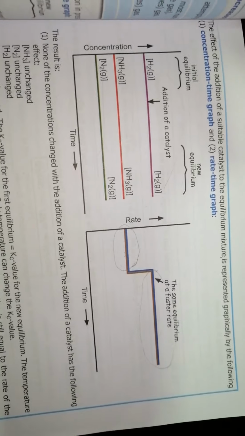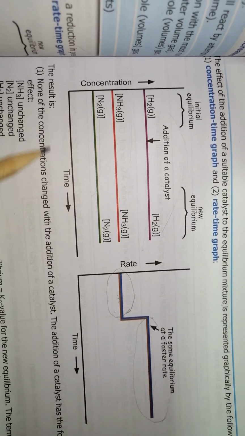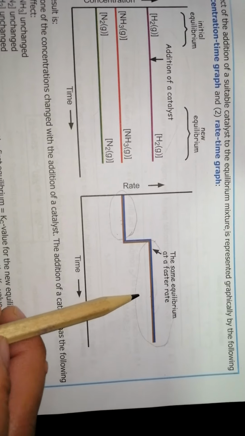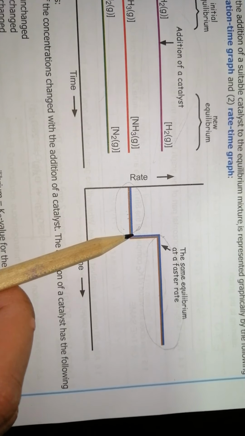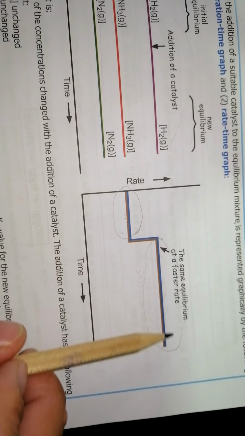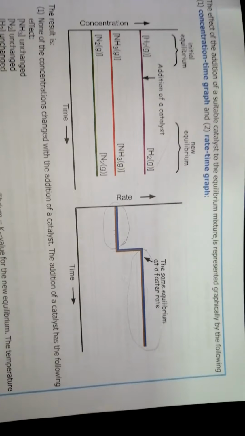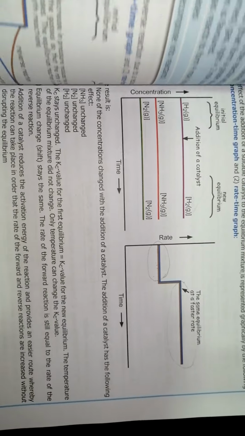So anytime you have a catalyst, remember, concentration is not going to change, but rate of reaction will increase for both. So you will just have a graph that was lower down, all of a sudden both increase, and then both are equal again.